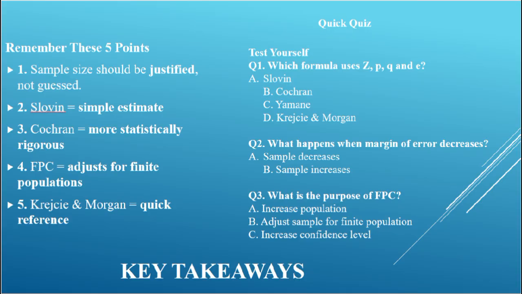So now test yourself. Question 1. Which formula uses Z, P, Q and E? Question 2. What happens when margin of error decreases? And question 3. What is the purpose of FPC?